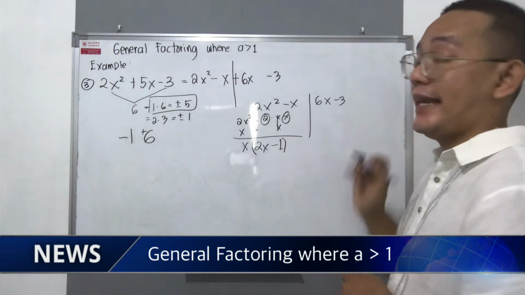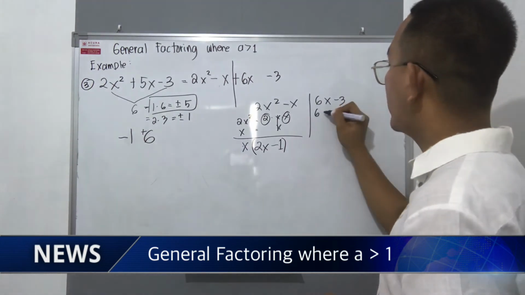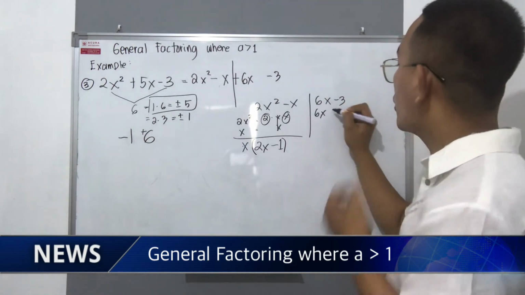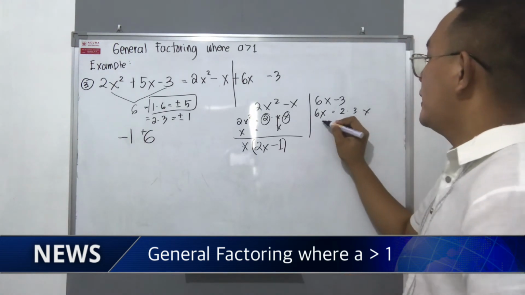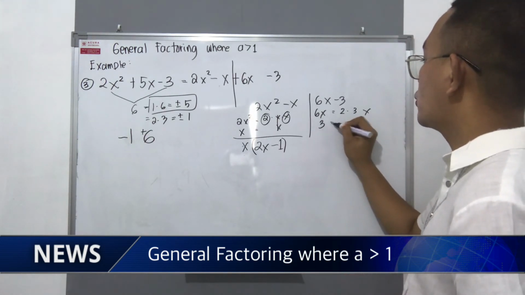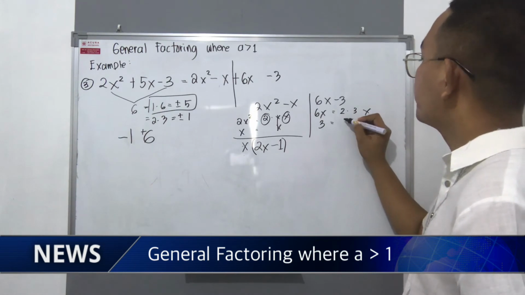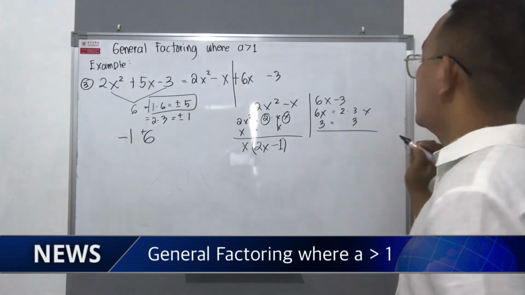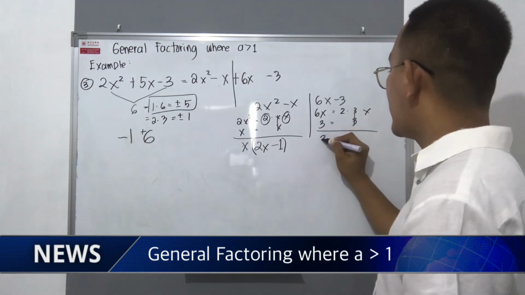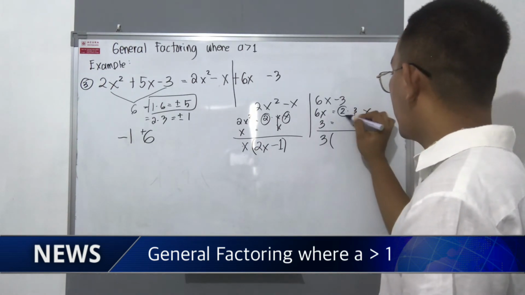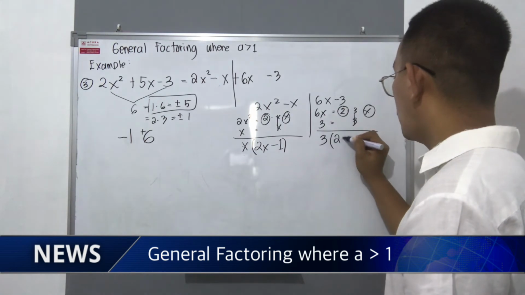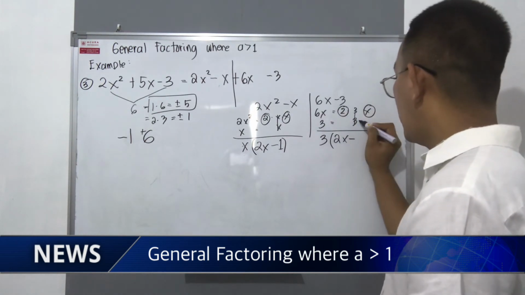Next, 6x minus 3. So, factor natin. Kunin natin yung common monomial. 6x equals to 2 times 3 times x. And then yung 3 equals to 3. Okay. So, ang common monomial factor nila ay 3. So, siya yung ating first factor. Next, anong natira? 2 times x equals to 2x minus, and then natira.